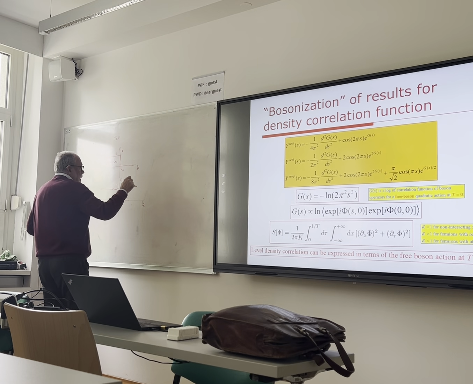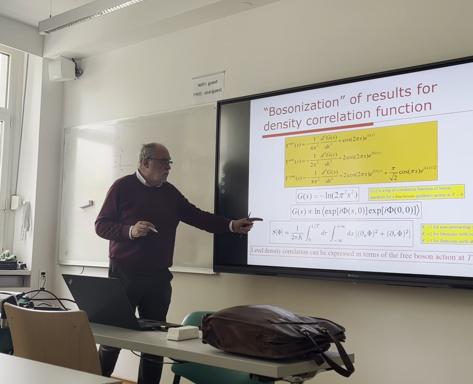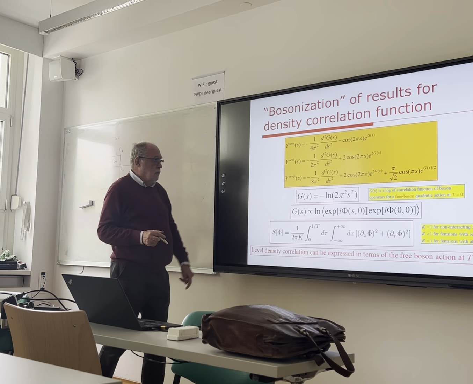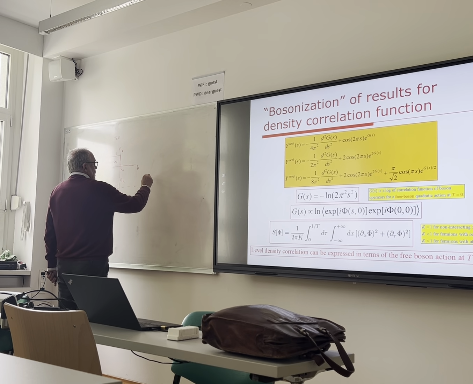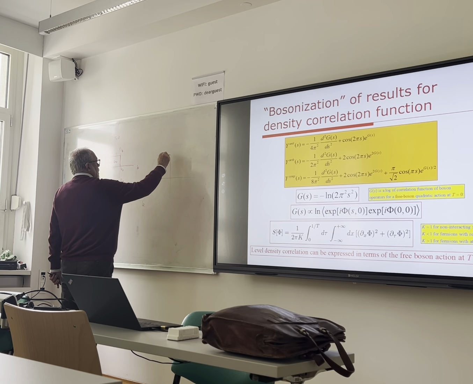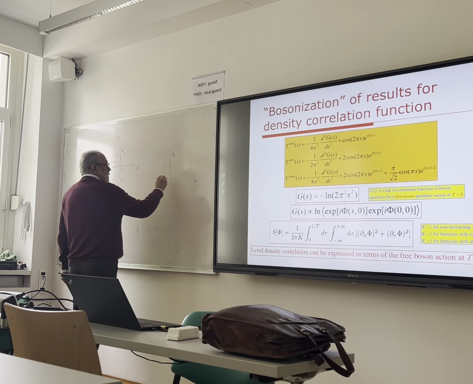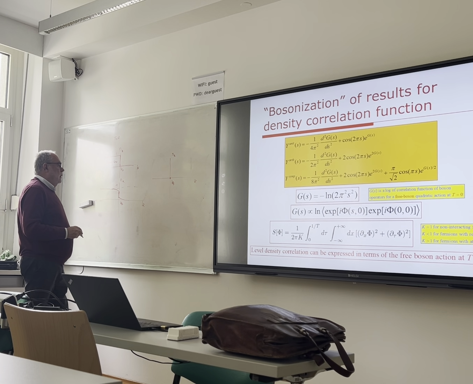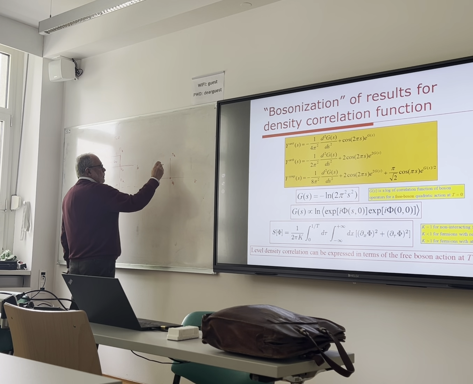But in 1D there is great progress, and this progress is related to the Luttinger liquid, with the so-called bosonization of the Fermi system in one dimension. What was shown is that the notion of the Fermi momentum remains, but instead of the jump there is a branch singularity here, and here too.